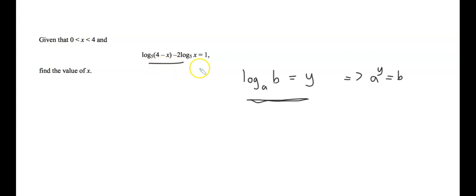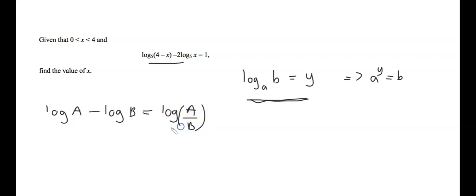So the best rule to use here, because there's a minus between the 2 logs, is to use that rule that we came across, log of a minus log of b is equal to log of a over b. So that is essentially converting 2 logs to 1 log. So let's apply that here.